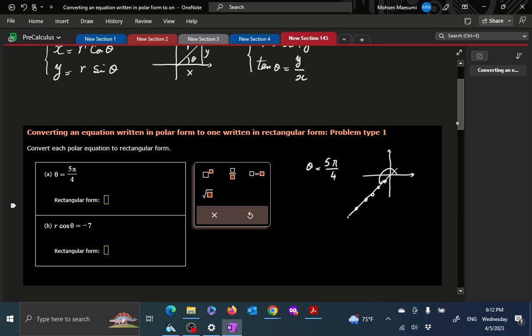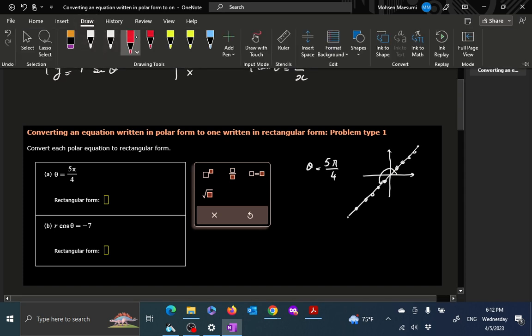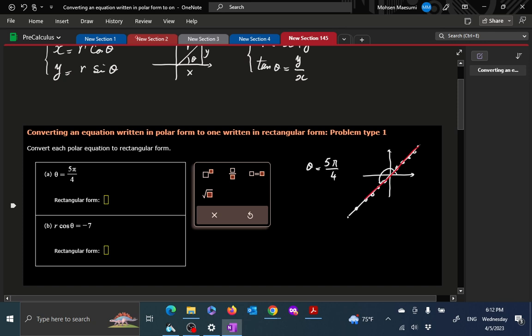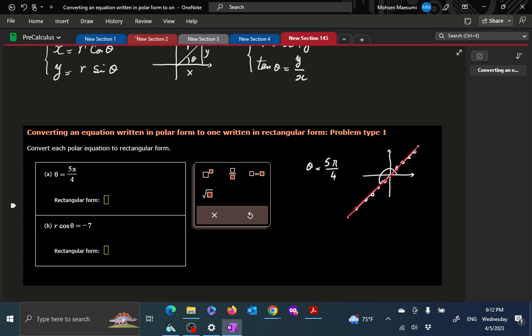If I take negative r, then I'll be covering these points. Now the question is, what's the equation of this line in the Cartesian system, in the rectangular system? Well, this is the line y equal to x. That's all we needed to know.